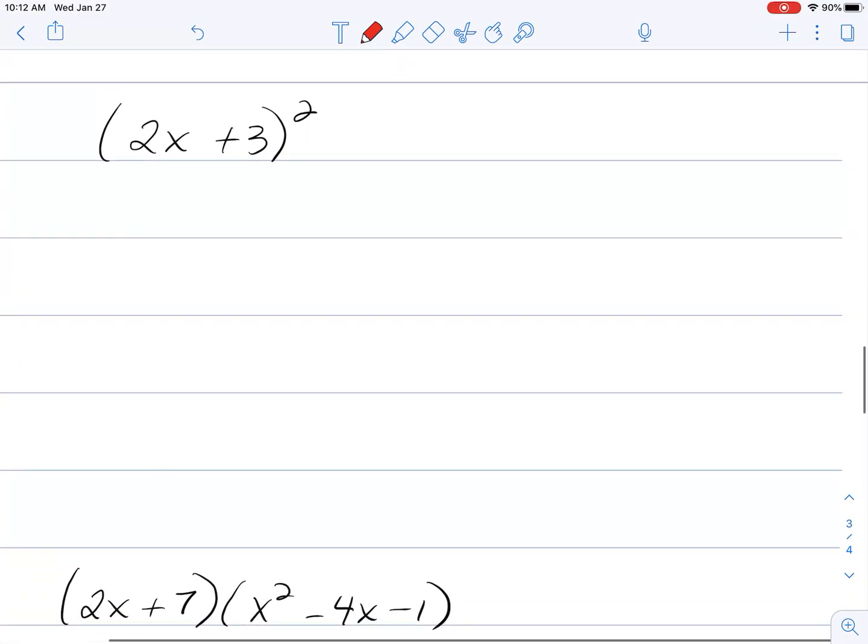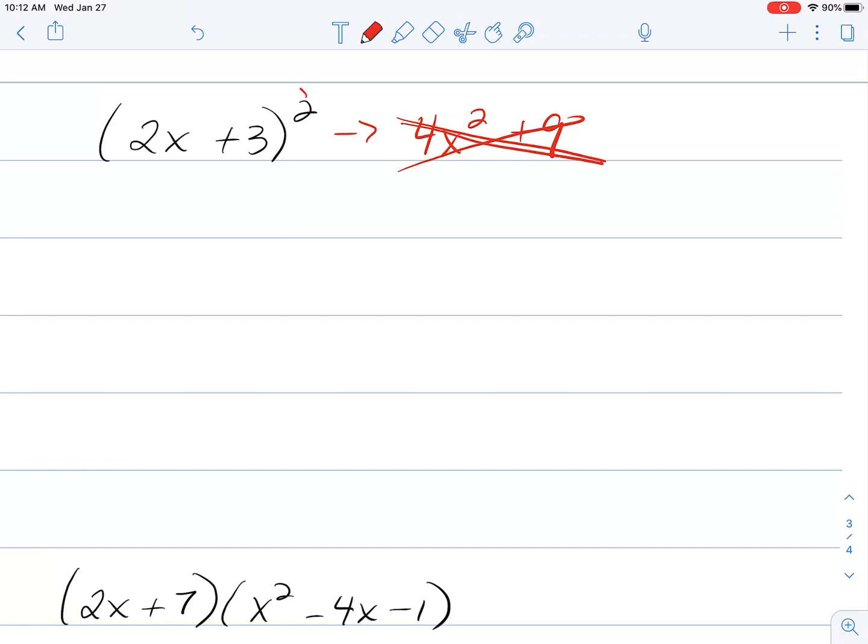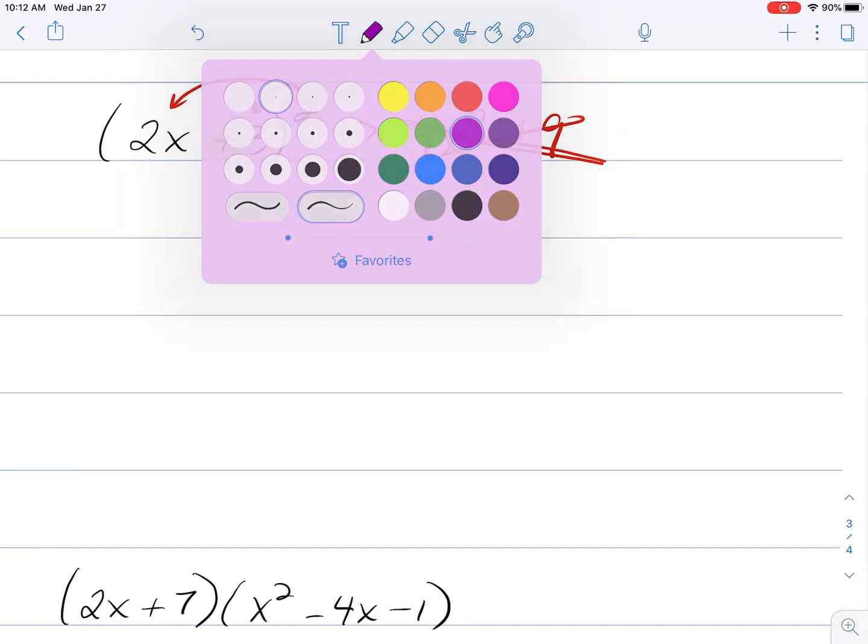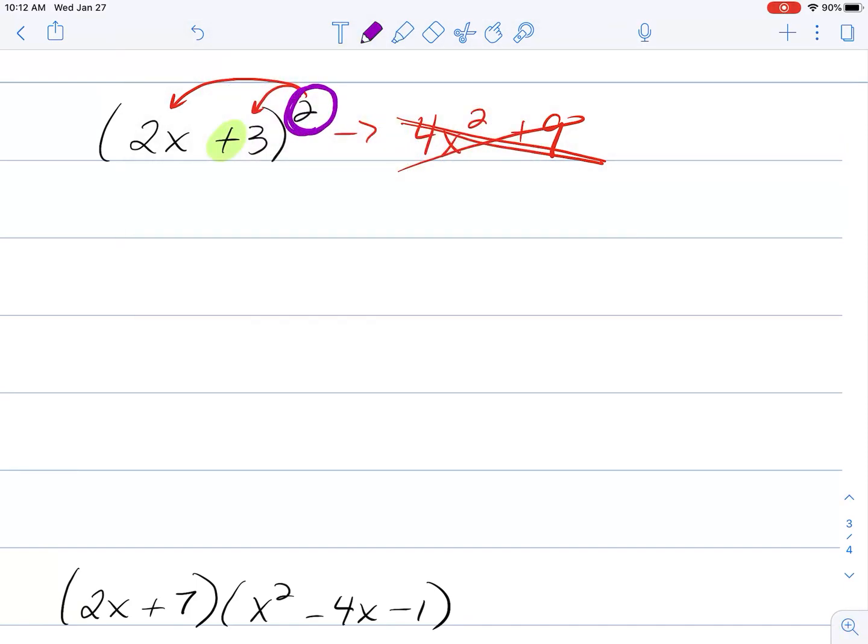This exact problem from above can be represented in a different way. If you are ever given something squared, normally students will not fully think about this and give the answer as 4x squared plus 9. This is not correct. You do not give a power when addition is present. You can give a power when everything is being multiplied, but not when addition is present. So just to review with you, remember this 2 means there are 2 of the 2x plus 3's.